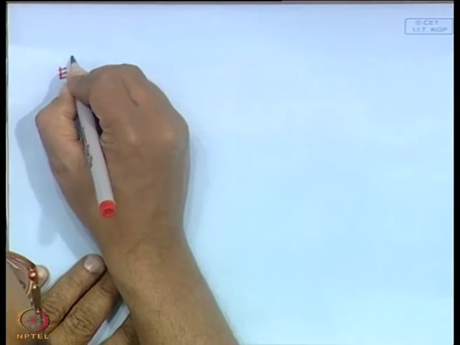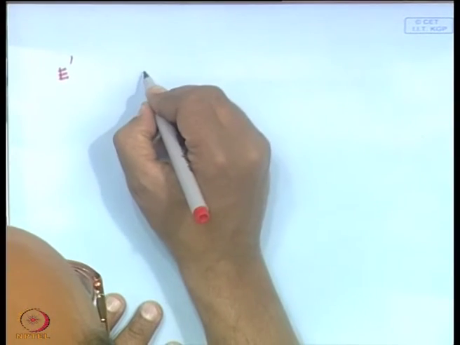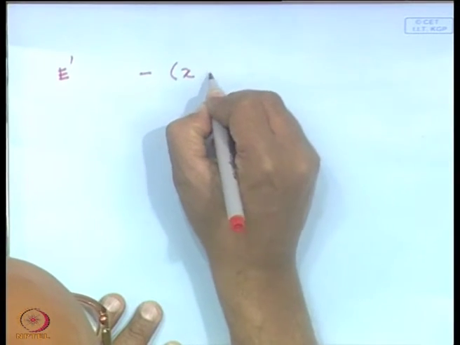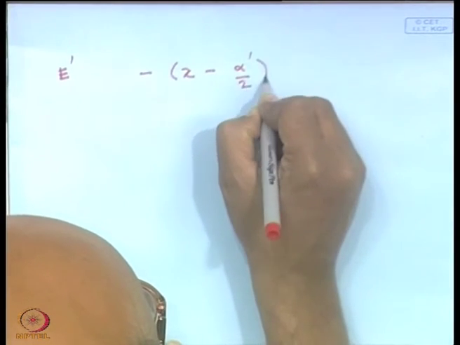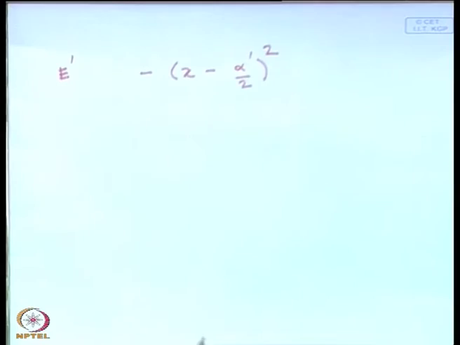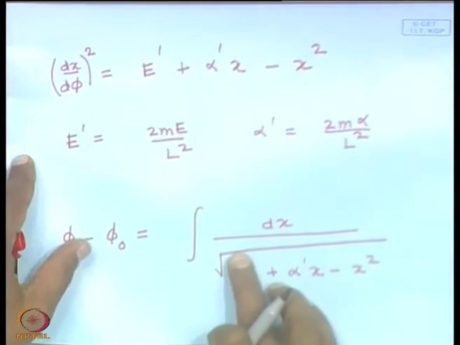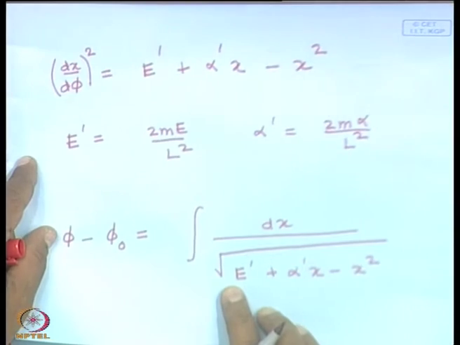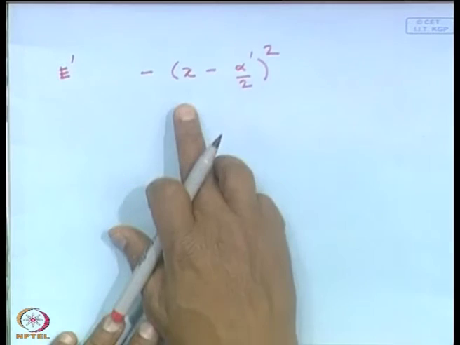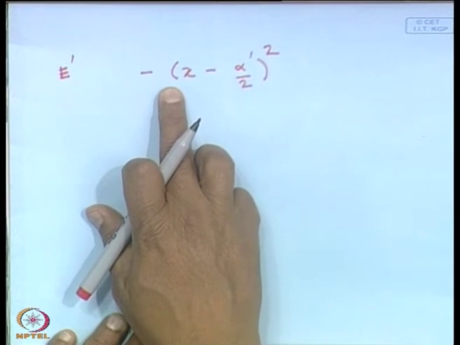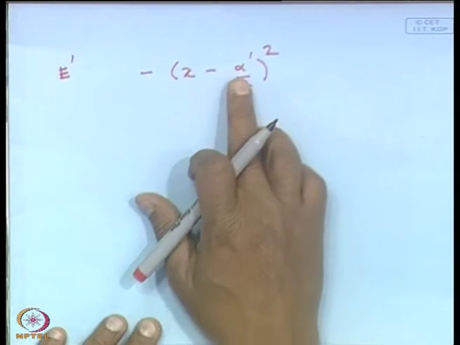We write E prime plus alpha prime x minus x square as E prime minus (x minus alpha prime by 2) squared. We want to write the term that occurs inside the square root in this form. So, I will have minus x square, and I will have plus alpha prime into x.